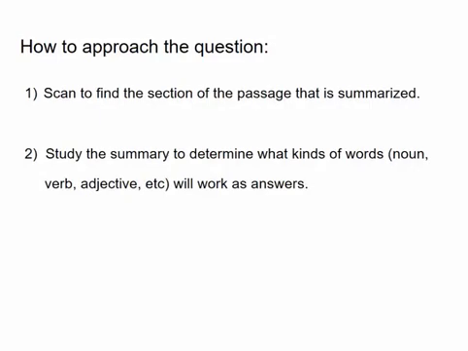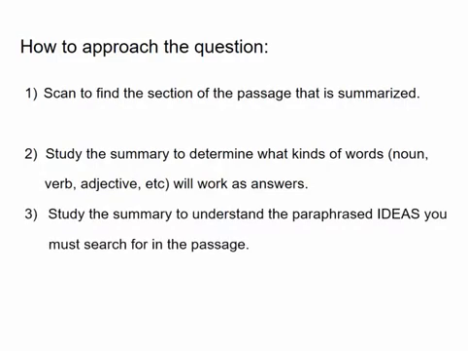So you're going to have a lot of grammatical information there to try to figure out what kind of word would fit well in that sentence to complete it, okay? So that's a first step I would recommend. If you can figure it out, then I recommend making a small note for yourself in your question booklet so you can remember what type of word you're searching for.